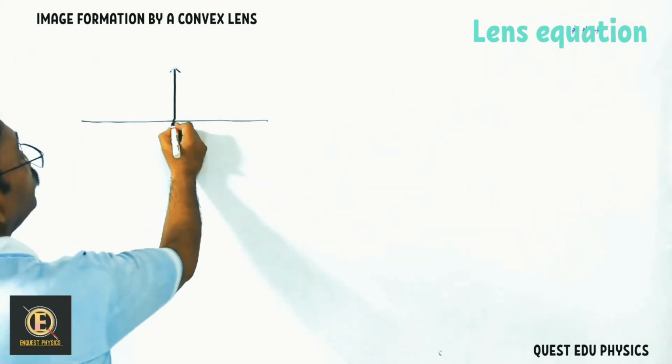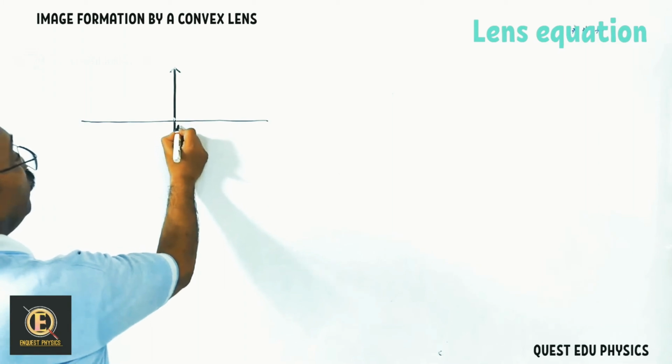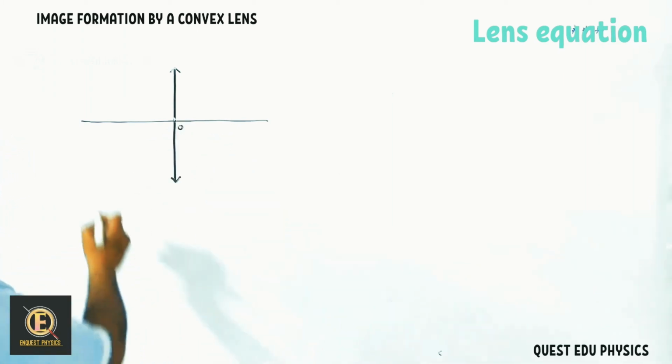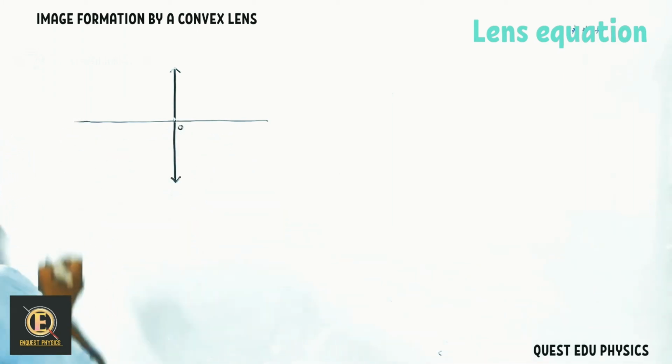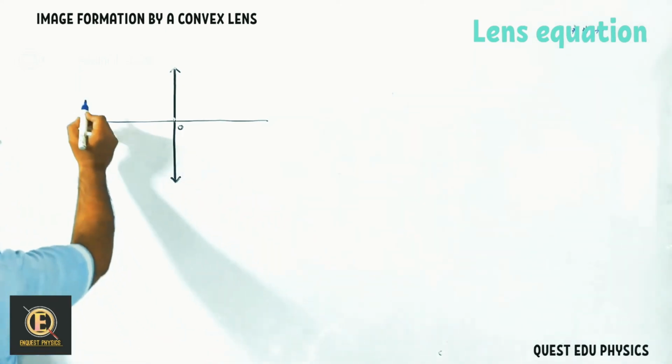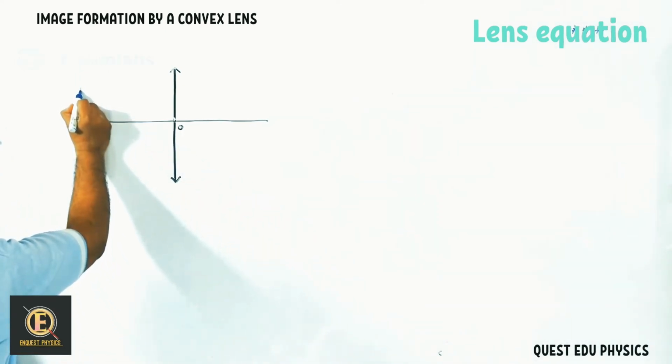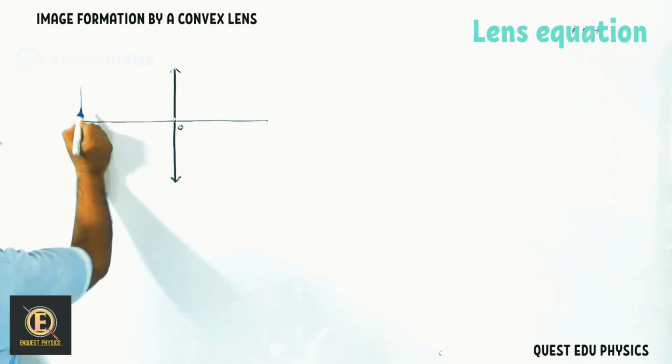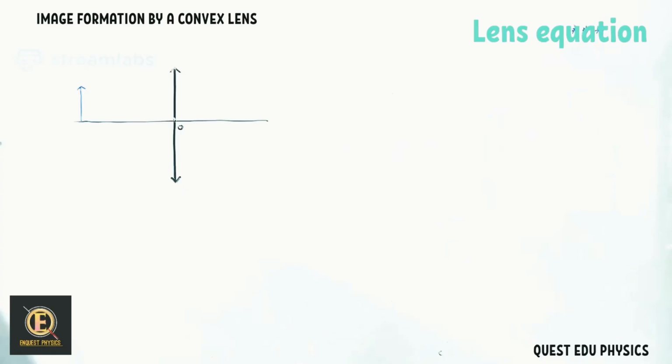And obviously it has the optic center. Now I am taking an object, and you know that objects are of two types. One is the extended object, and second is the point size object. Here I am taking an extended object.